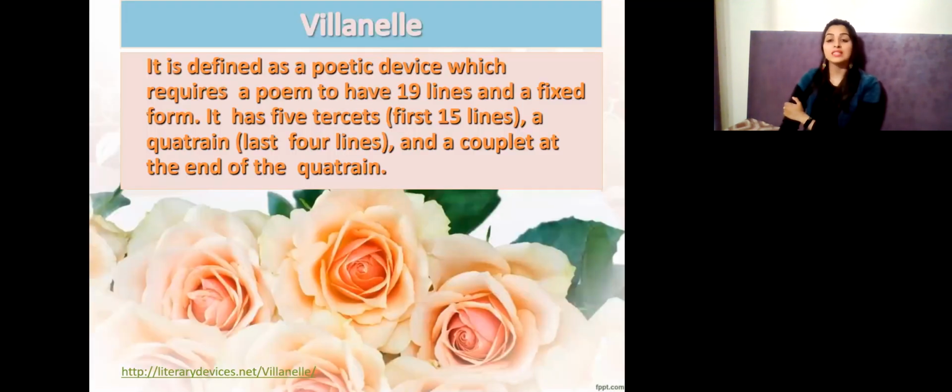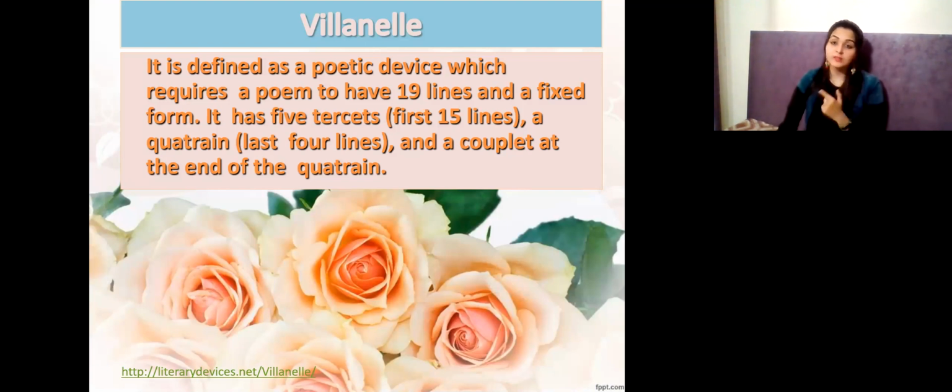Let's move forward to the second type of poetry, that is villanelle. It is defined as a poetic device which requires a poem of 19 lines in a fixed form. Now, here you can see sonnet had 14 lines, villanelle has 19 lines.